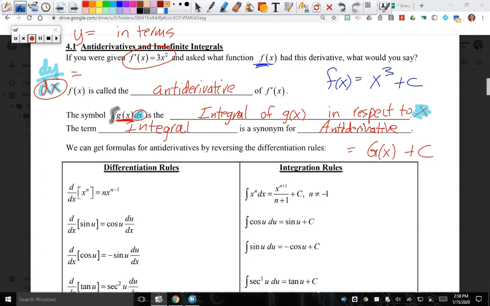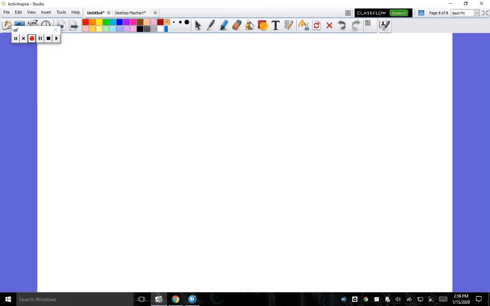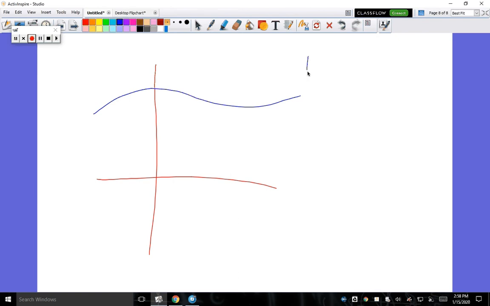Definite to you might mean, okay, it's a definite answer, or a definite value. That's not what indefinite means here. If I told you to find me a definite integral, I'm saying one that has a definite boundary.